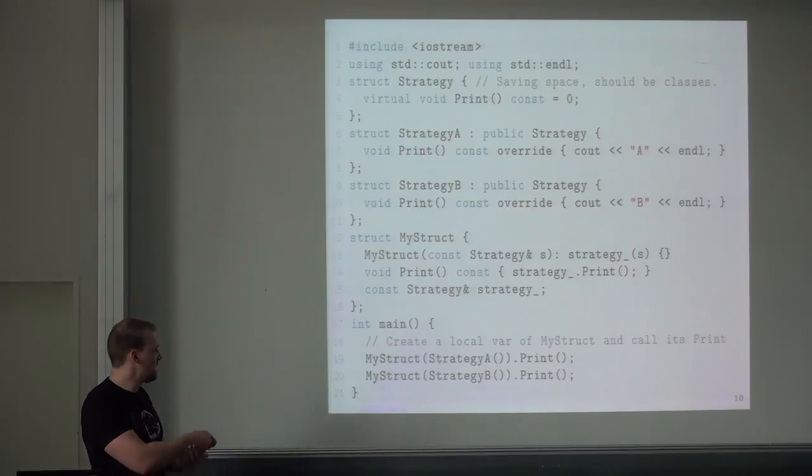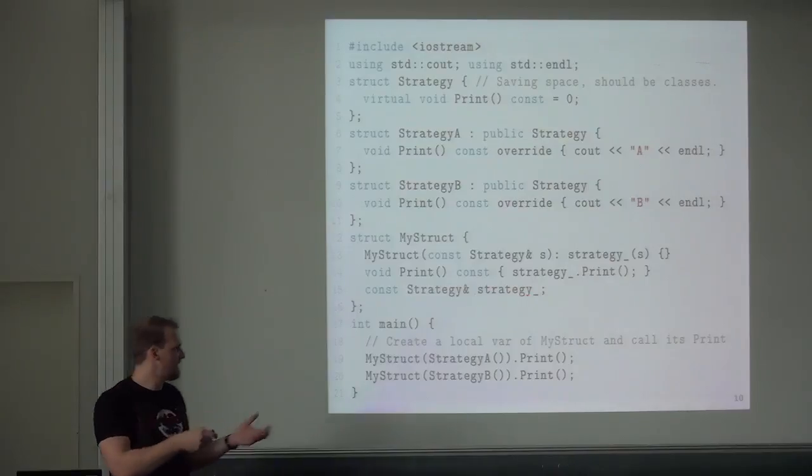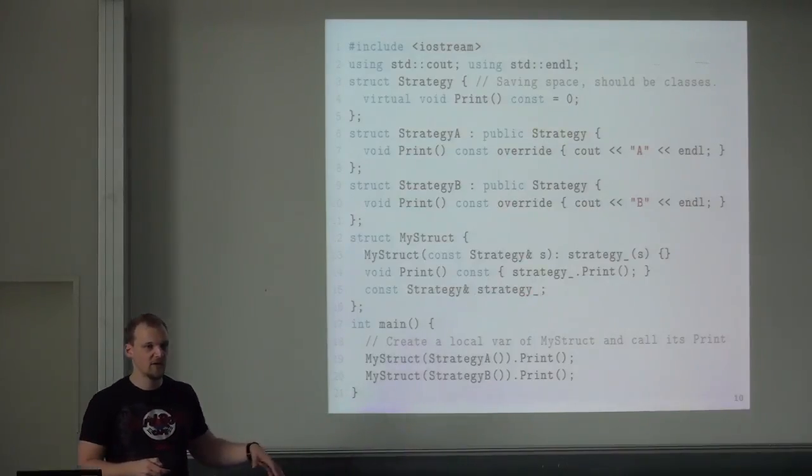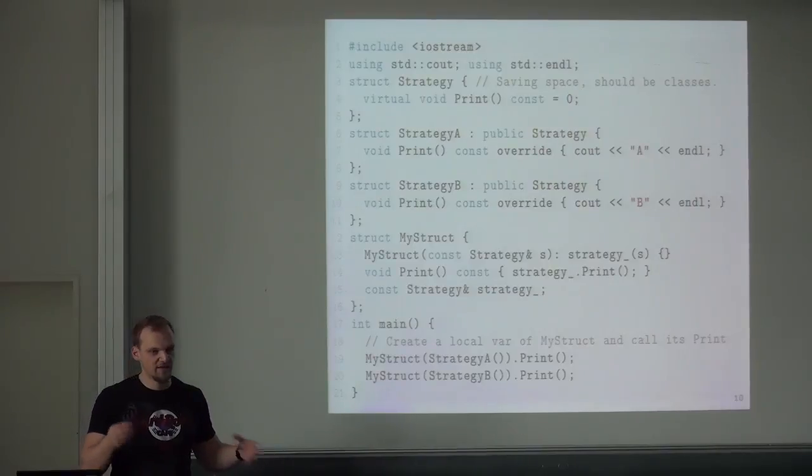So what we do here is we pass a local object from this stack, from this scope over here, into this function, and then we try to store this const reference here. So the question is, will it still be alive when we use it? Will it not be alive when we use it? That's an issue.